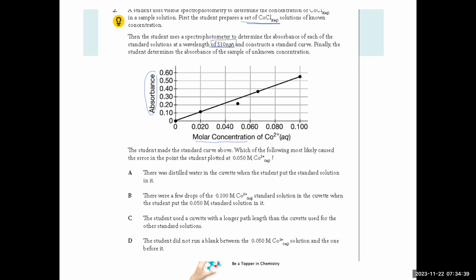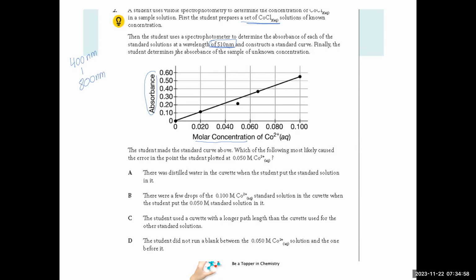You can see that this is the wavelength which falls in the visible range. What was the visible range? 400 nanometer to 800 nanometer. So the wavelength is perfectly all right, 510 is in between this.